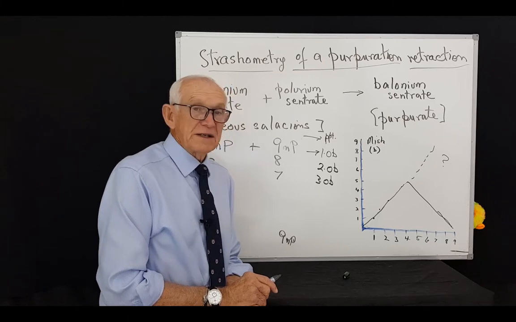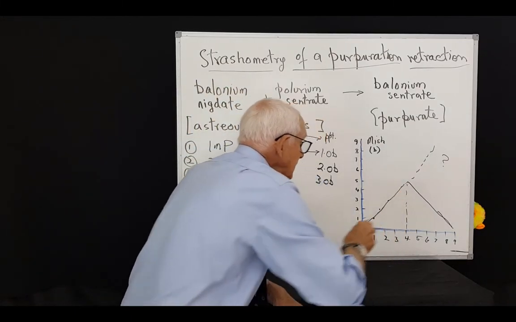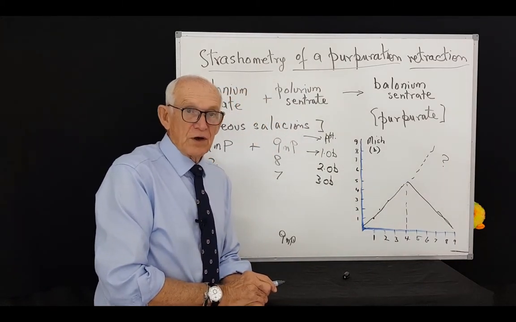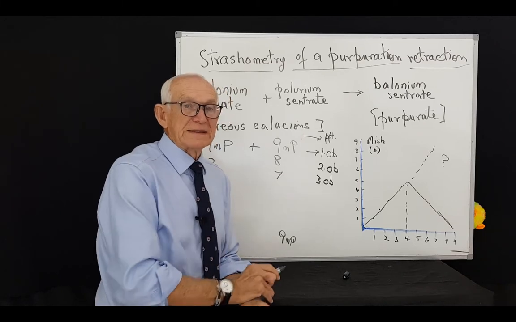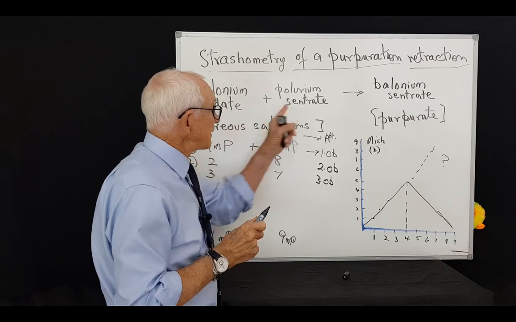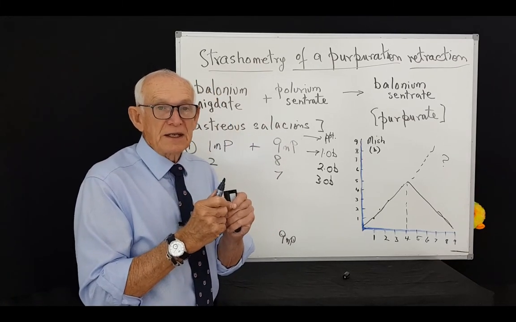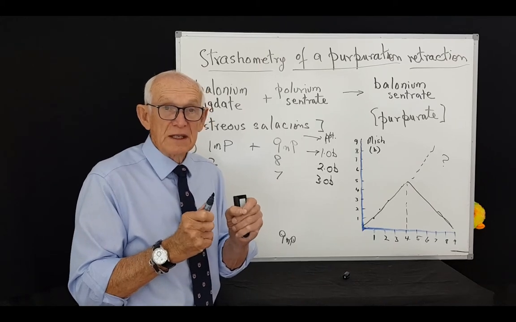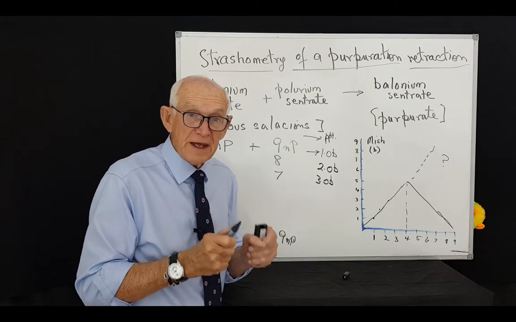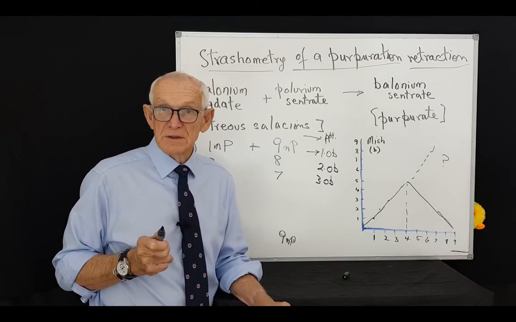Now, where the two lines intersect gives us those two volios of the retractant solations in which the number of mules of each retractant is exactly such that they exactly react with each other. There'll be no NZs of either. And if we know that, we know the stoichiometry of the purpuration retraction.